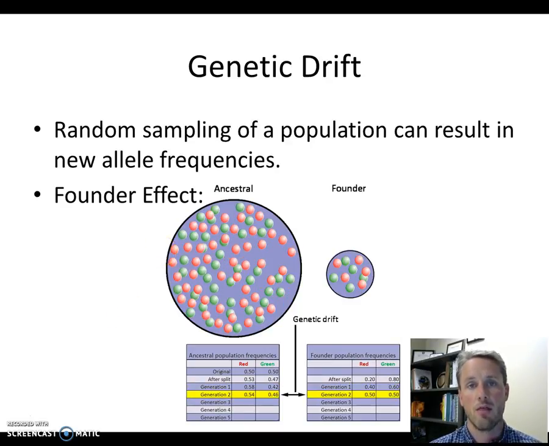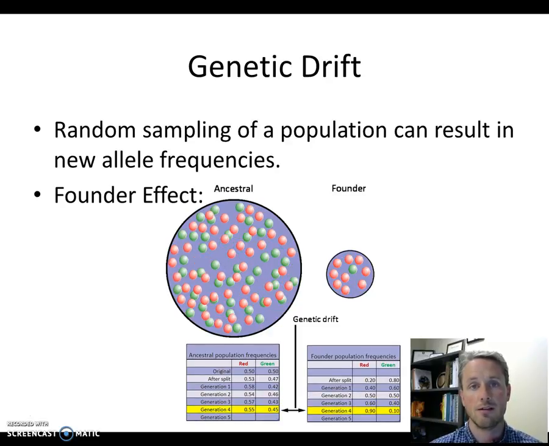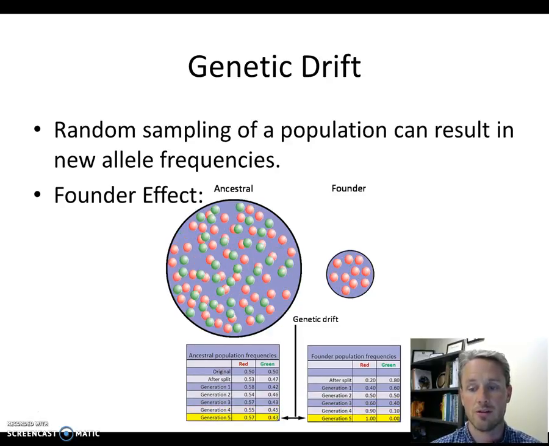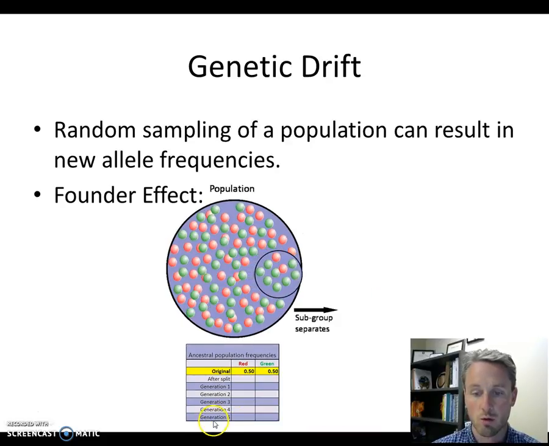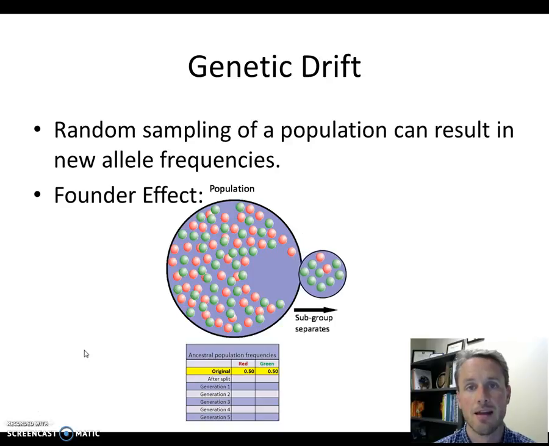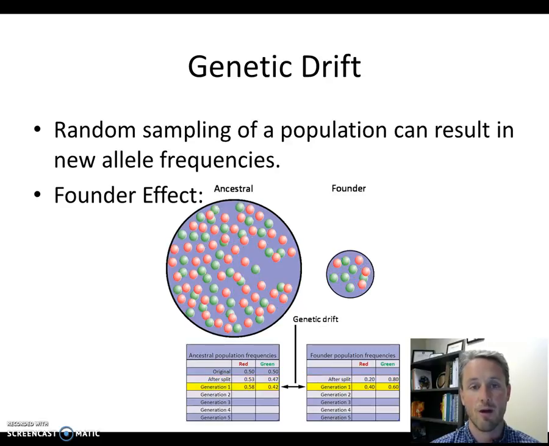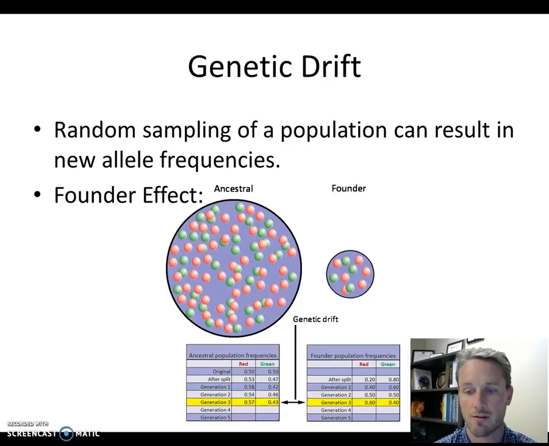And then the new population works from that new allele frequency or allele distribution. And we can see that the old population and the new population will differ in their allele frequencies. And this was because of the random nature of the alleles that came with that founding population. So that's the founder effect.